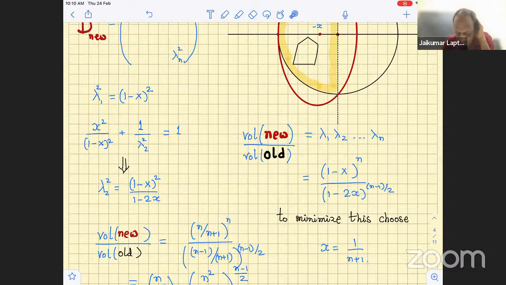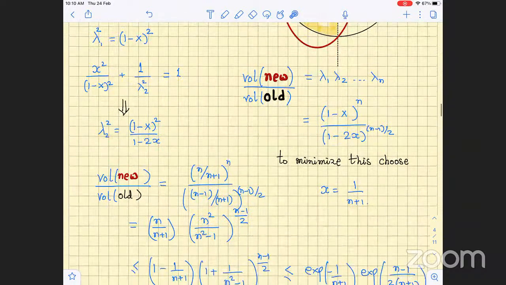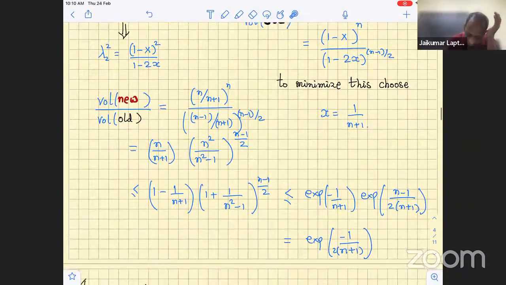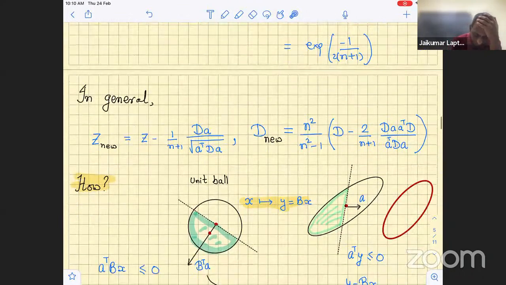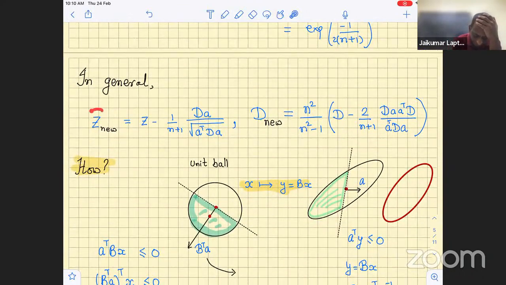Is that okay so far? Okay. Now I'm interested in the general case. In general, the new value of z, the new center, is the old center shifted. There is a 1 over n plus 1, but in some funny direction. And if you have not seen such numbers, I can't think of an uglier one.